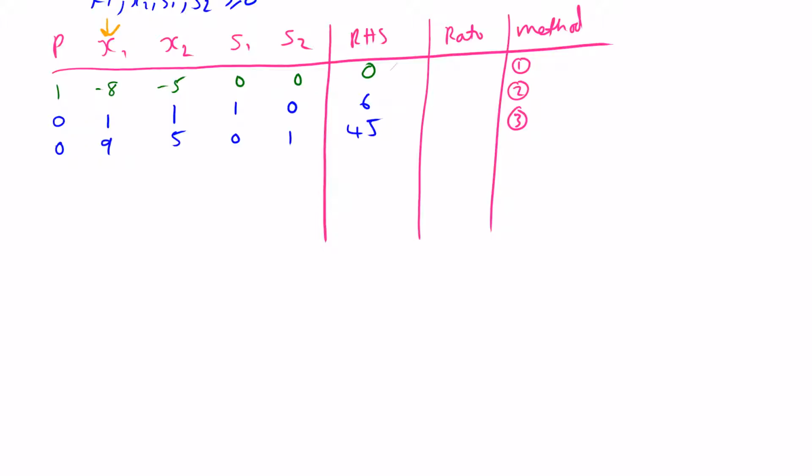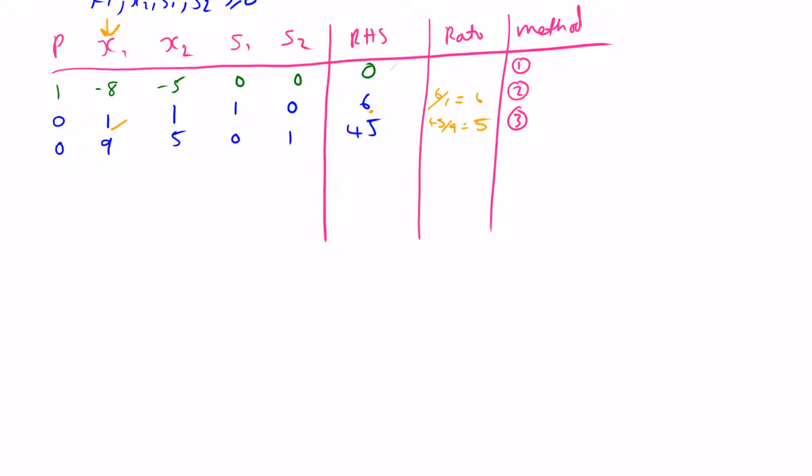And based on this column, we're going to work out the ratio, hence the ratio column. So of the constraints, we want to do the right hand side divided by the value in the column. So 6 over 1, which is 6, and 45 over 9, which is 5.